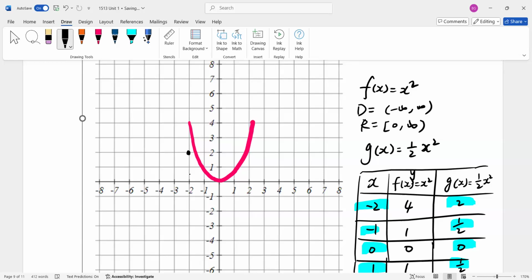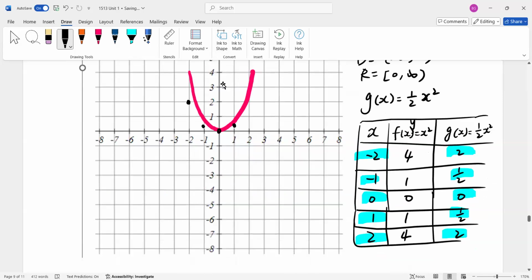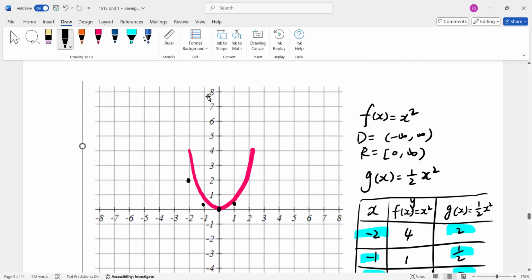We have -1, half. It's right here. 0, 0. Still here. 1, 1/2. See here. And 2, 2. Right here. All right. Yeah, my graph is not very accurate.